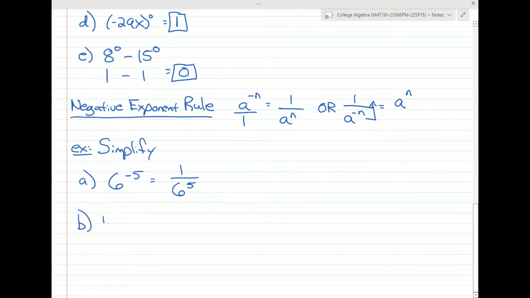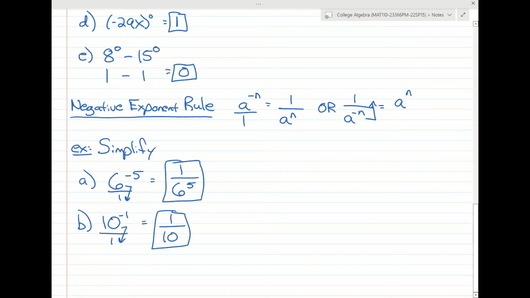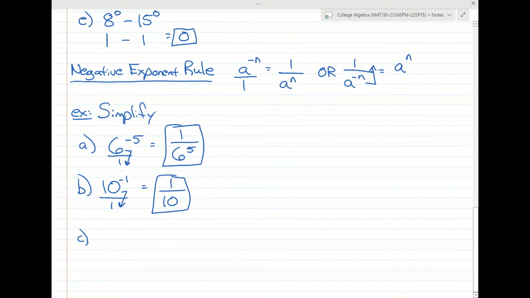Similarly, if you had 10 to the negative 1st, you just switch the position, make it into a fraction, and bring it to the bottom. This would be 1 over 10 to the 1st, or just 1/10. What if we had 2x to the negative 4th?